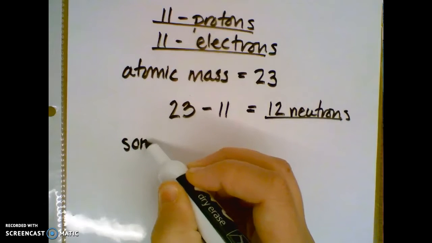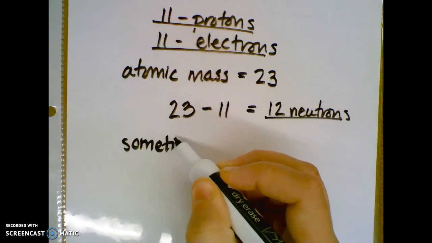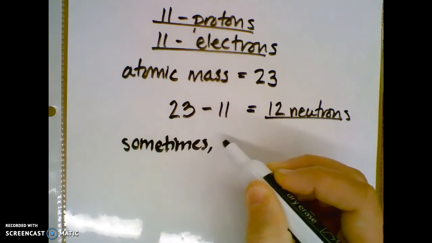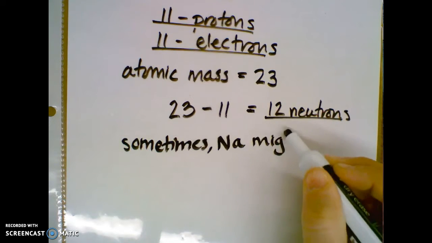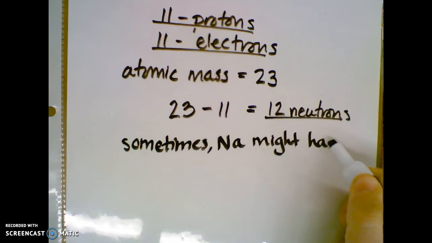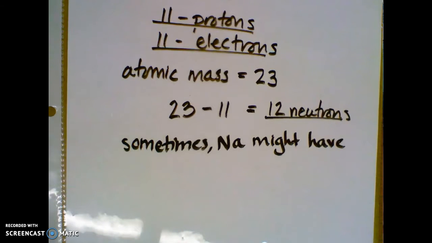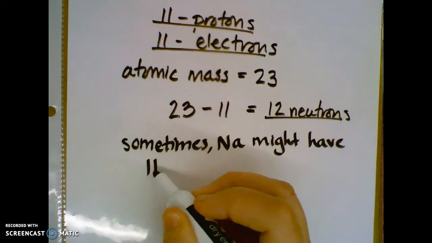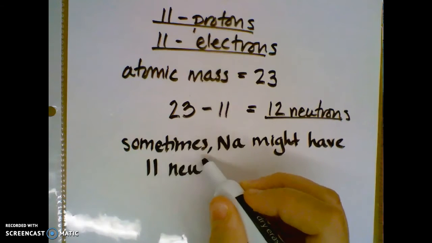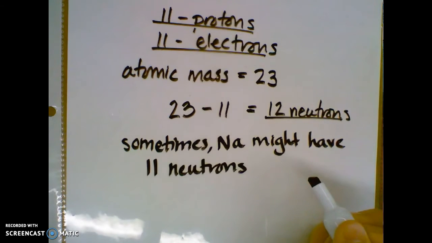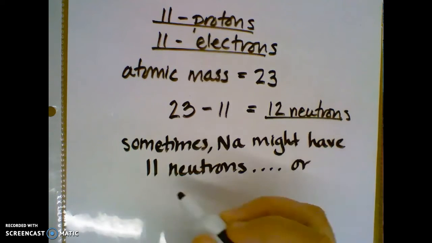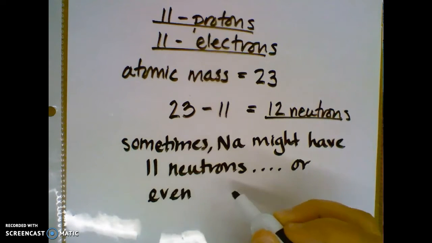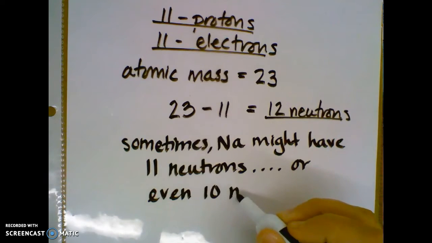So isotopes mean that sometimes sodium might have only 11 neutrons, or even 10 neutrons.